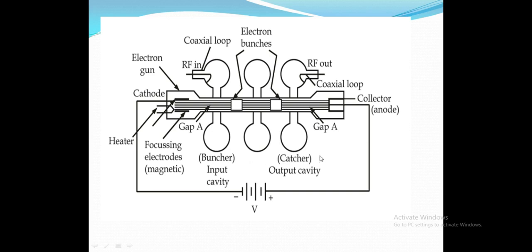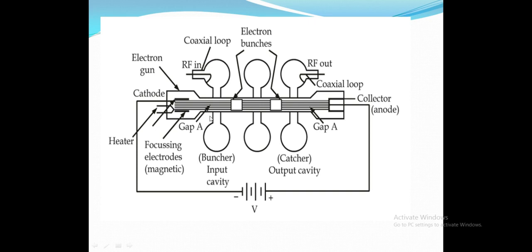Here, a two cavity Klystron is not perfect, it produces only 20 dB gain. So to obtain a higher gain we have to use more cavities. This arrangement is called a multi-cavity Klystron amplifier.